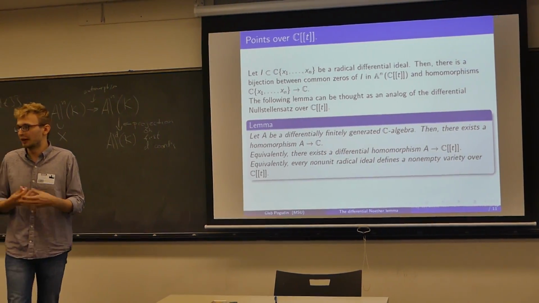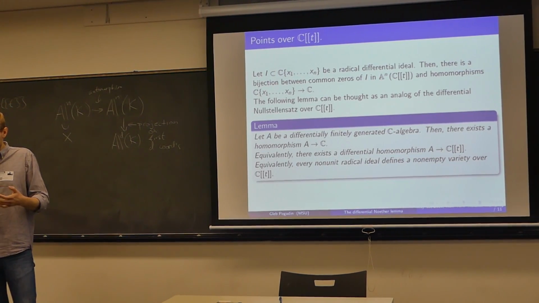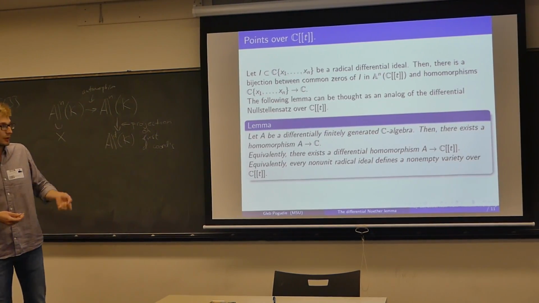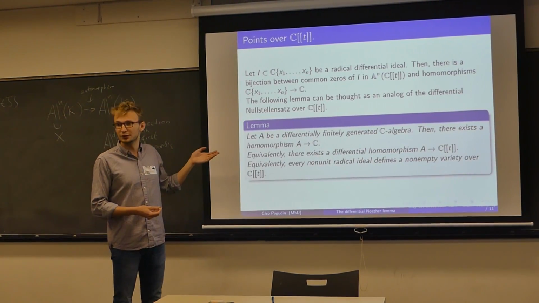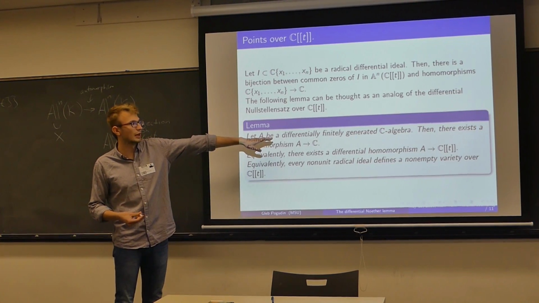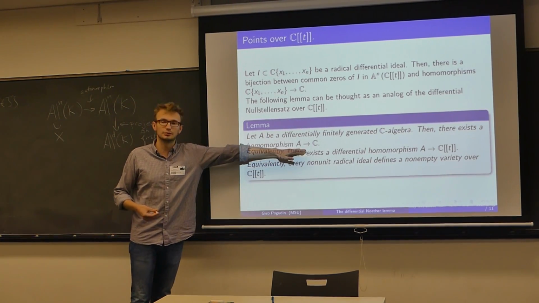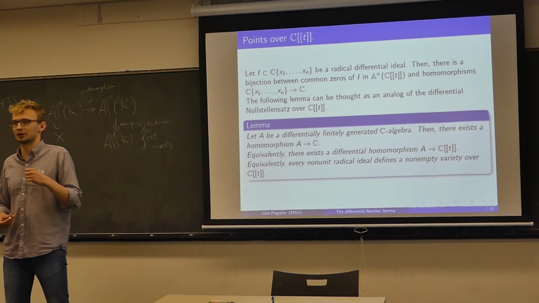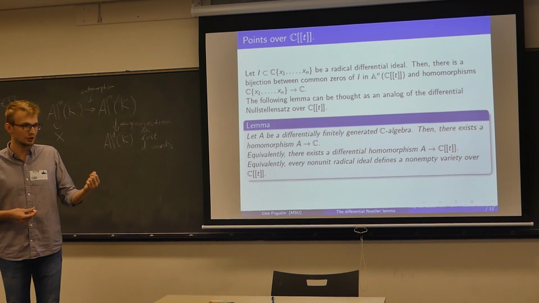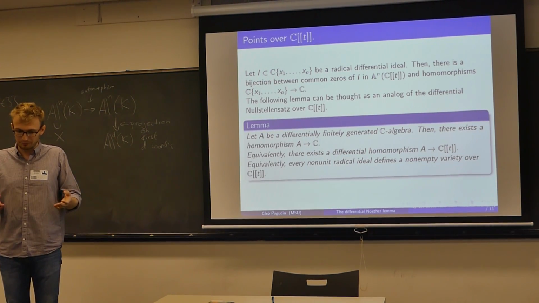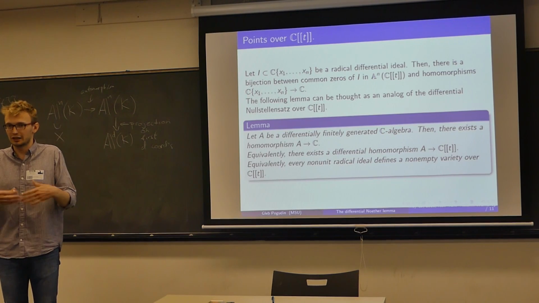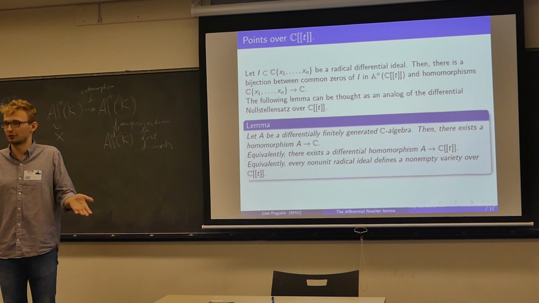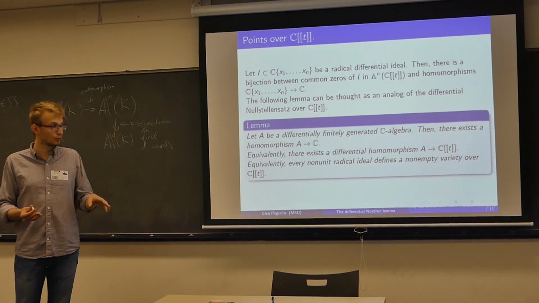Equivalently, if you have some finitely generated differential algebra, you have some homomorphism to a differentially closed field. That's what happens with power series. Actually, for every differentially finitely generated C-algebra, there is a homomorphism to complex numbers. It's important that the algebra is differential because a differentially finitely generated algebra is, in general, not finitely generated as an algebra, and it need not have such a homomorphism. But in the differential case, it happens.